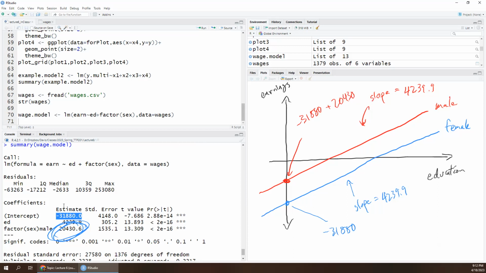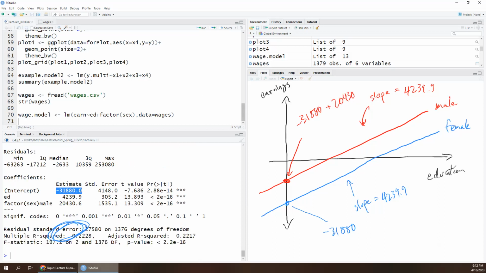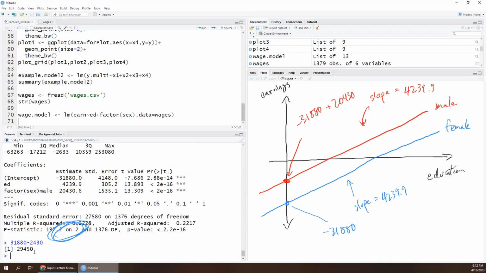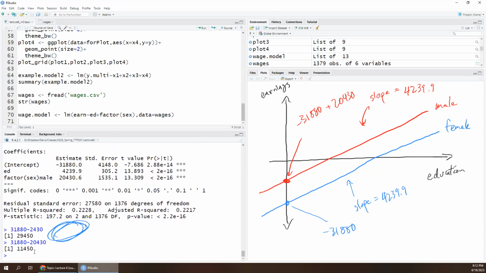And so what is that? That would be 31,880 minus 20,430. Oops, 20,430. So this would be negative 11,450.